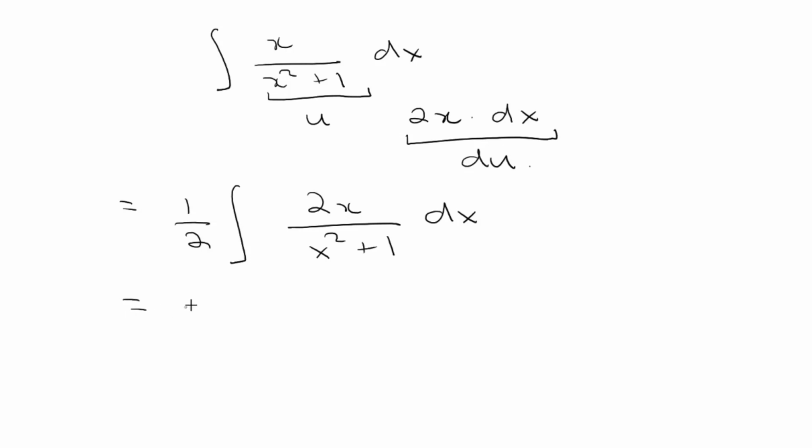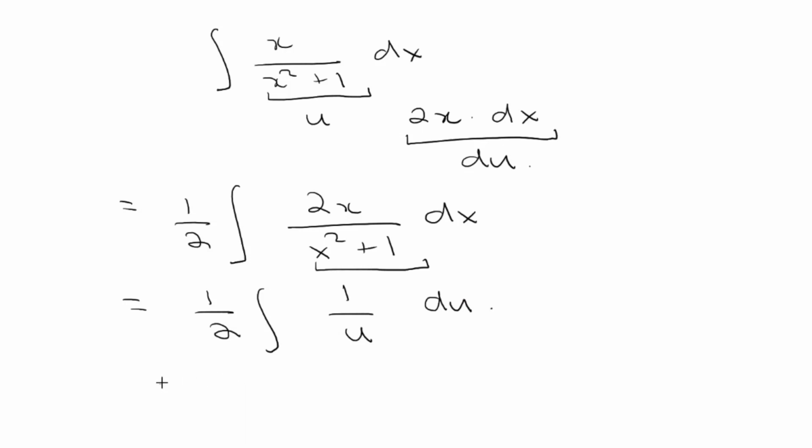So we can now write that as 1 over 2 times the integral of 1 over u, because we're substituting this as u, and we have the 2x dx, which is du. So that's really the equivalent.